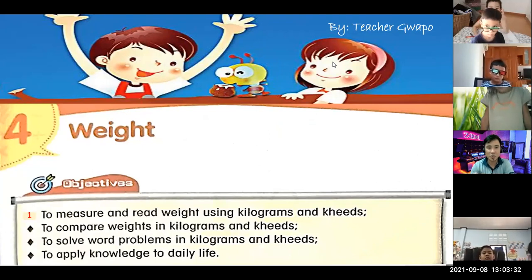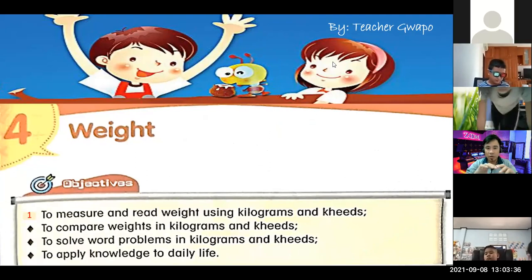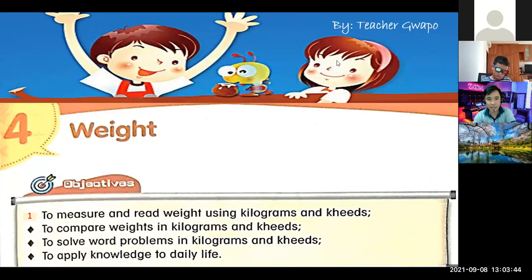Maybe in the next videos, I will post the words so that you will remember. Again, the word kid is only used here in Thailand. Second is to compare weights in kilograms and kids.